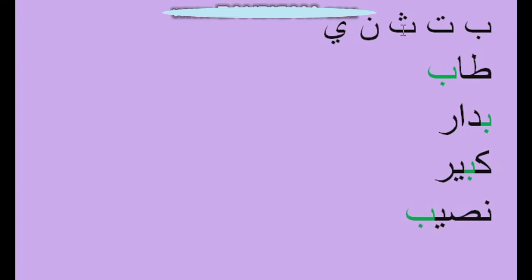All of these can connect to the previous letter and also to the letter after them, like this one connects with dal, this one connects with kaf, and ya, and ra.